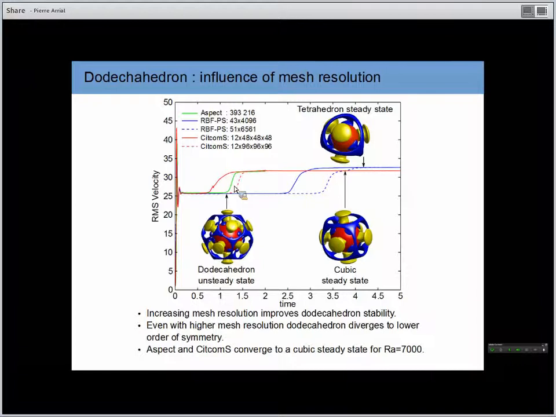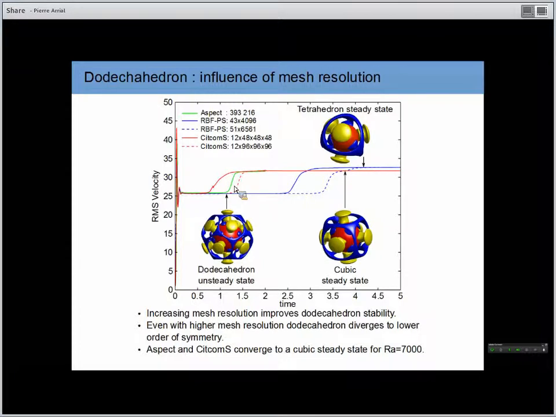At first approximation, we can observe that the transition is well defined by the two methods, CitcomS and RBF. We did not perform the whole model with ASPECT, so I didn't add points here. We could see with ASPECT that the points are really close to this transition at 7,000 and 70,000.